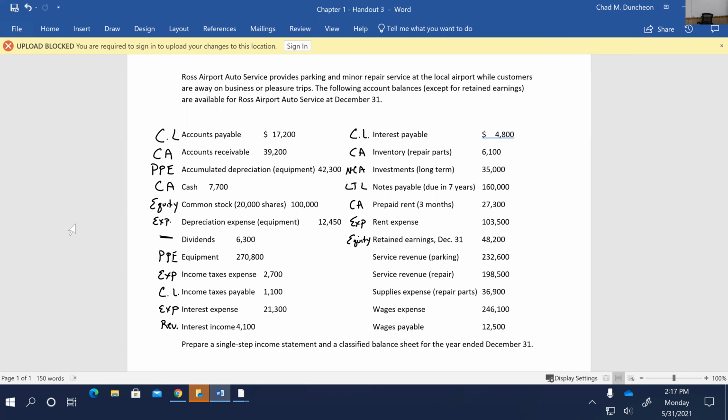Service revenue, we have revenue. We have revenue, and then we have, I'm sorry, I got distracted, expense, another expense, and then a wages payable, which is another current liability.